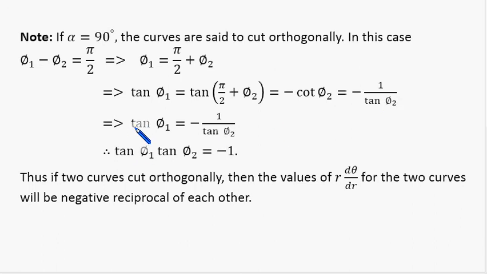Therefore, tan phi1 = minus 1 by tan phi2. Cross multiplying, tan phi1 into tan phi2 is equal to minus 1. That is, m1 into m2 is equal to minus 1, where m1 is tan phi1 and m2 is tan phi2. Thus, if two curves cut orthogonally, then the values of r d theta by dr for the curves will be the negative reciprocal of each other.